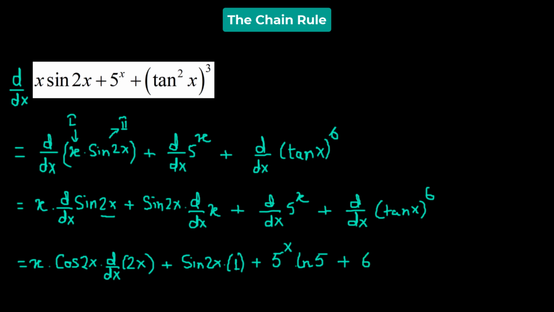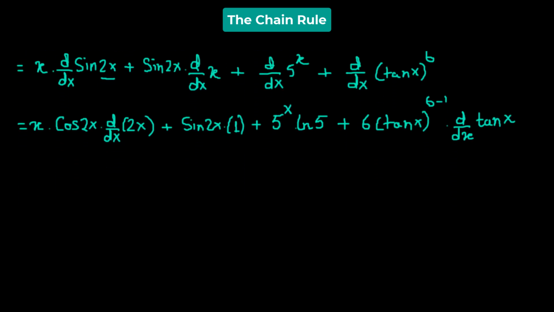That should give us 6 times tangent of x raised to the power of 6 minus 1 times, so we apply the chain rule here, this will get multiplied by the derivative of the assumed x, which is tangent of x.